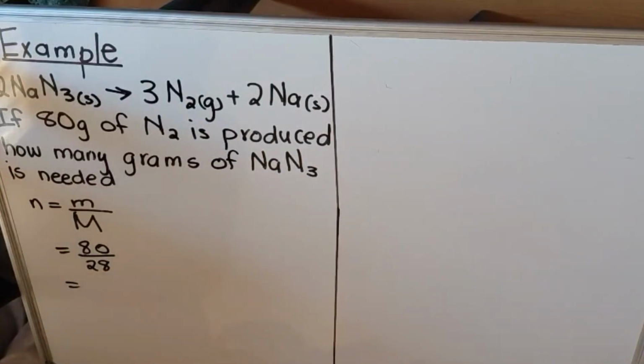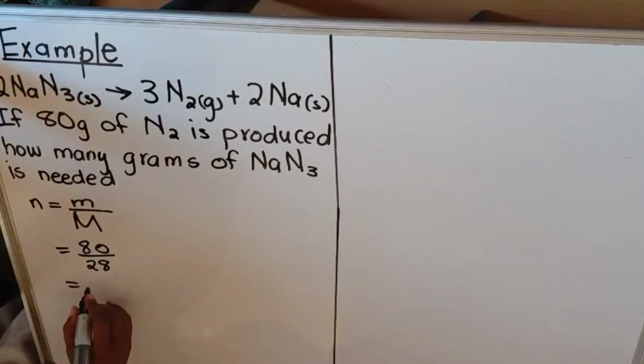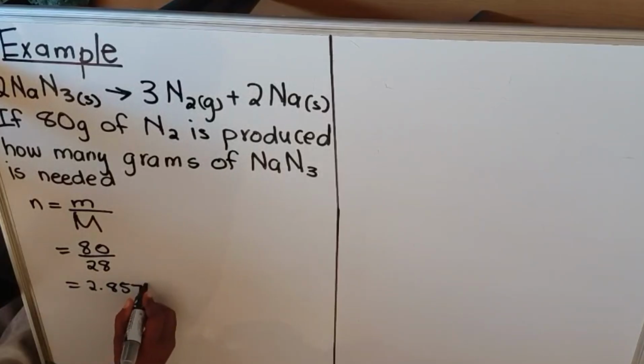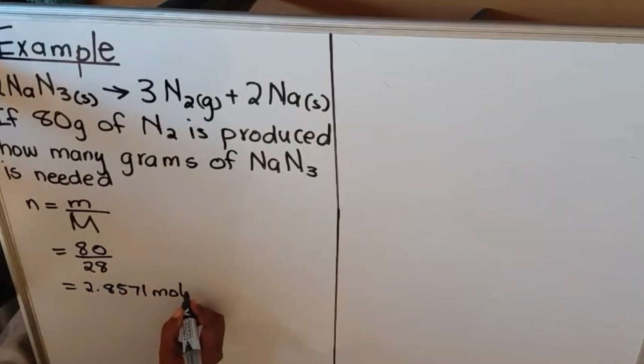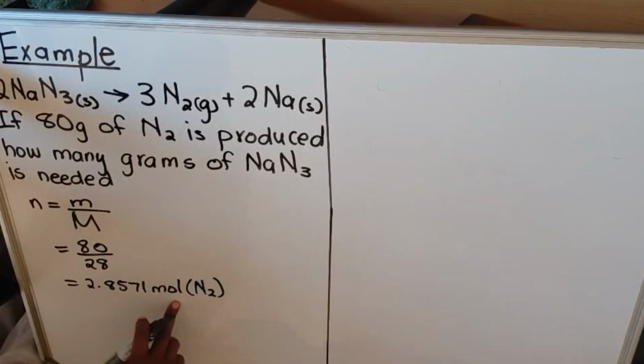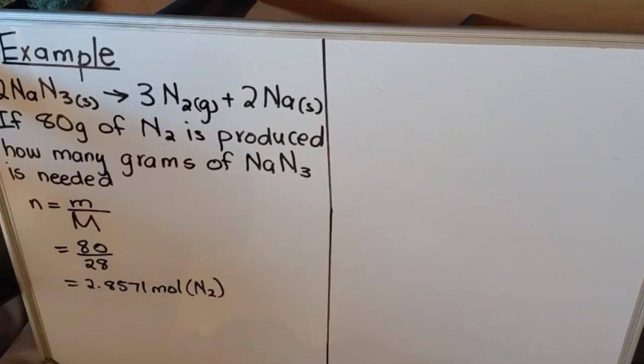So the number of moles of nitrogen that we have is 80 divided by 28, which is 2,8571. You can round it off if you like, but you get more accurate answers if you round only the final answer. You need to tell us, is the number of moles of what? It is the number of moles of nitrogen.